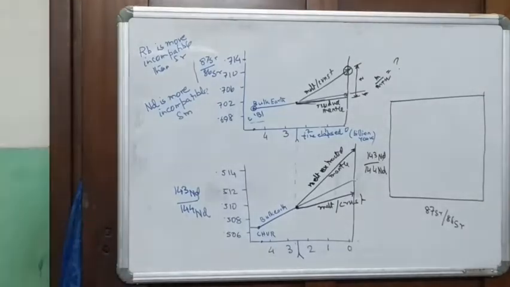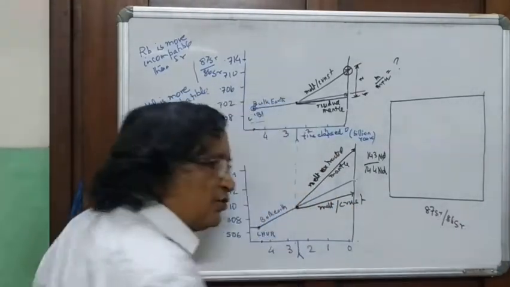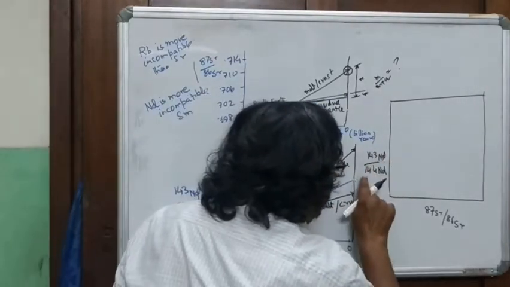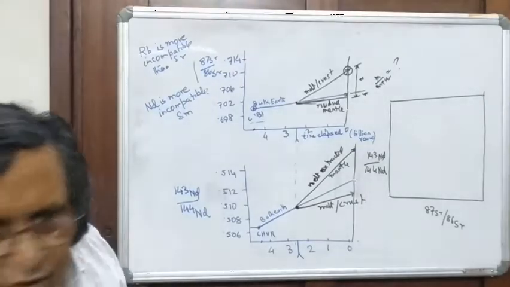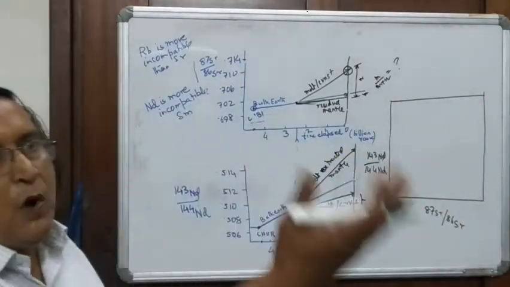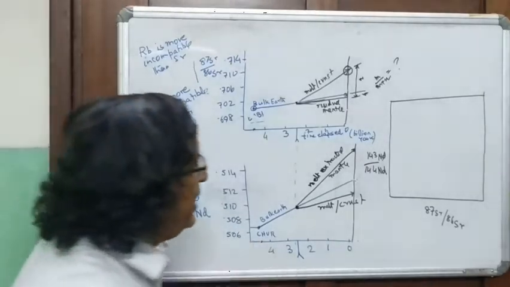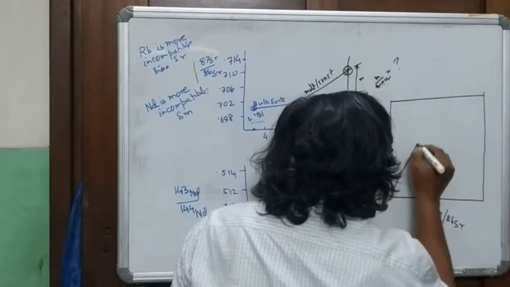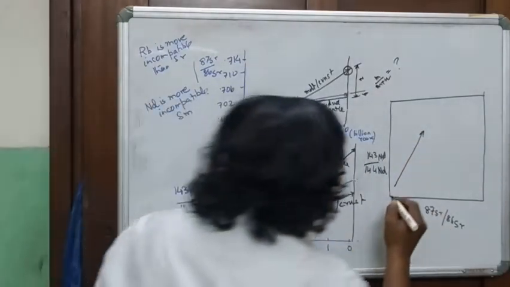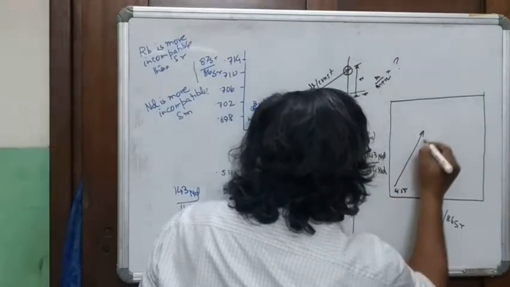The answer is both 87 strontium by 86 strontium has increased and 143 neodymium by 144 neodymium has increased. So the trajectory from the old Earth to the new Earth, from 4.55 to today, the bulk Earth must have changed in this direction. So this was 4.55, this is today.